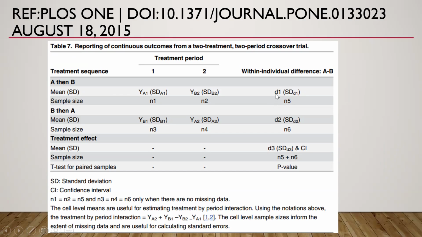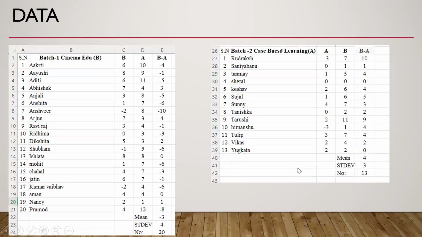Then we calculate the difference, that is, the intra-individual differences between two treatments. This is for the first sequence and this is for the second sequence. We also calculate the mean of pooled differences, and then we calculate the t-test value as a paired t-test.